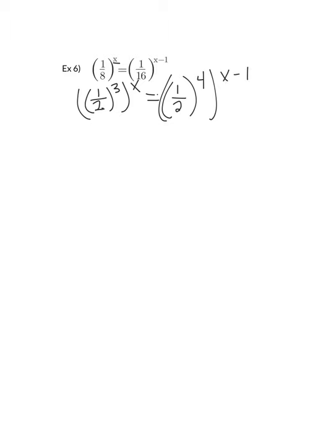My next step is to simplify my exponents, and so I'm left with 1/2 to the 3x and then I'm left with 1/2 to the 4x minus 4. Now what I did to get that was I did the 4 times x and the 4 times minus 1.